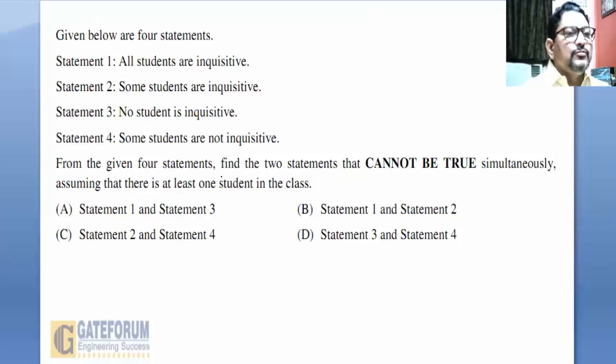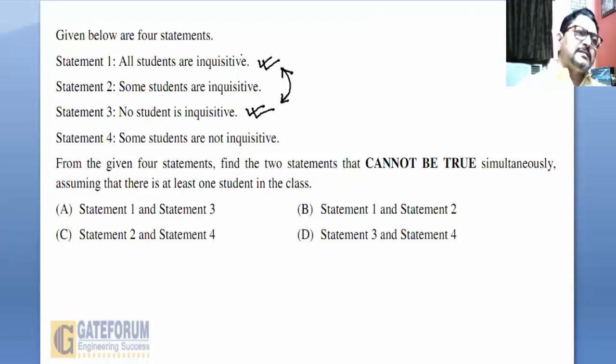They can never be true if they are placed together, assuming that there is at least one student in the class. So this is a very simple one. I hope everybody will agree that if statement 1 were said and along with it statement 3 were said, they totally clash against each other.